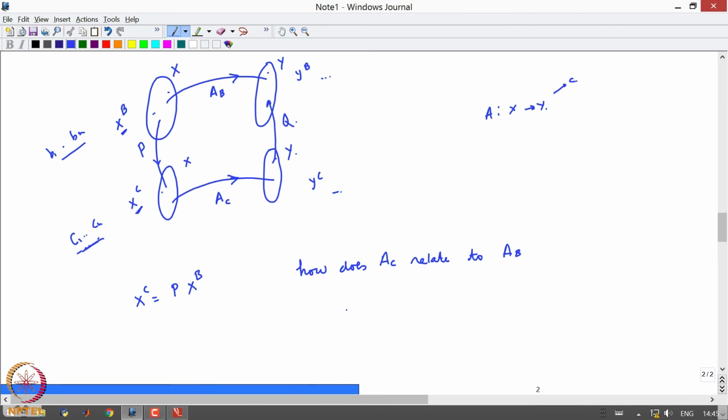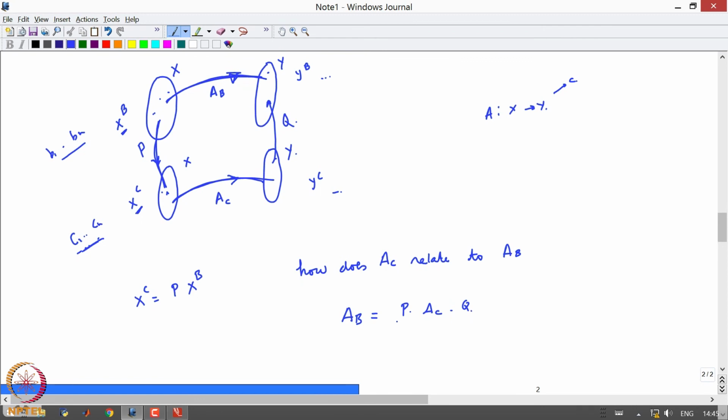I can always write AB as P AC times Q, right. So, this is a transformation which takes me from this basis till this basis, and me going from this to this via AB is the same as me going via this route. So, I go from here till here, then jump from here to here, and then jump from here to here. These are exactly the same.